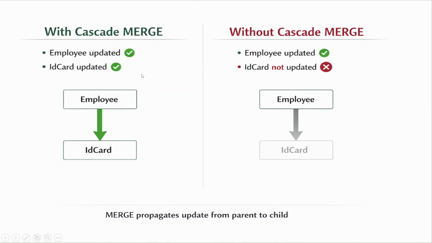So employee is a parent and ID card is the child. So when we update the employee, the ID card will automatically get updated. So first of all, let's see the example when there is a cascade type merge available.